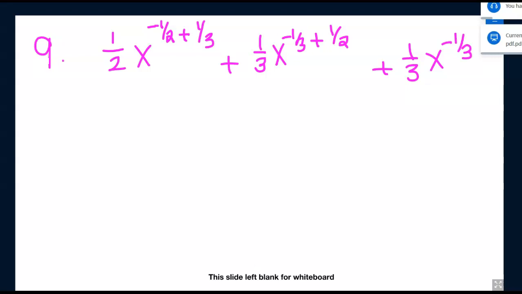So my first step is just to distribute and combine all my variables by looking at their exponential powers. The next part is to clean it up.